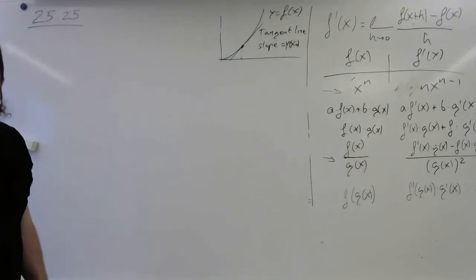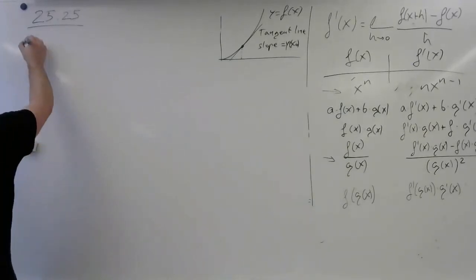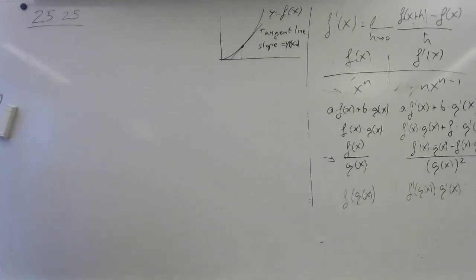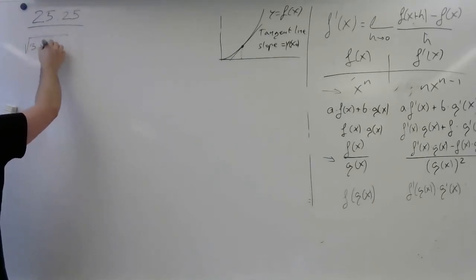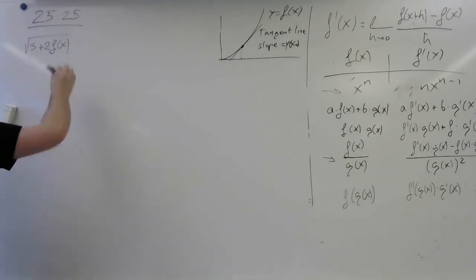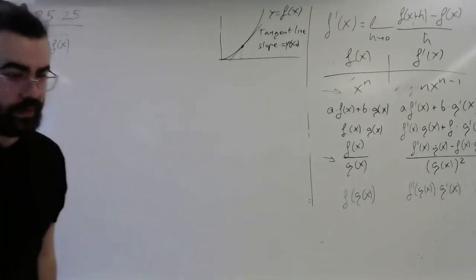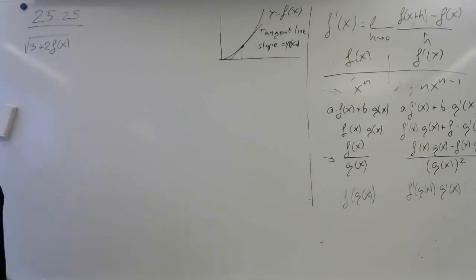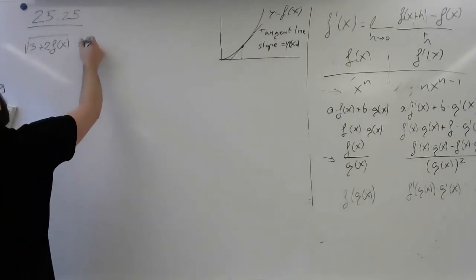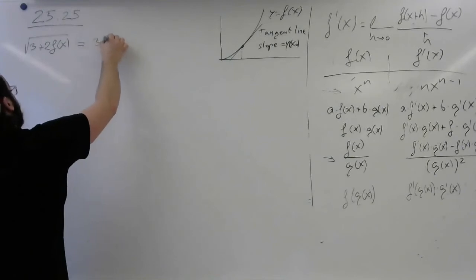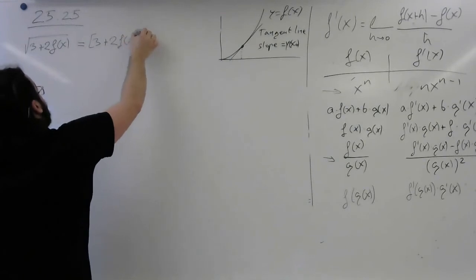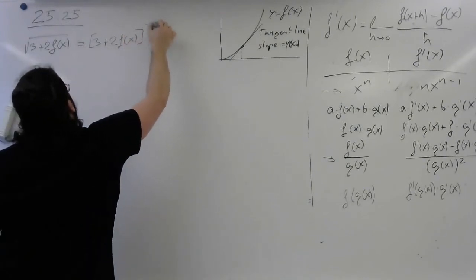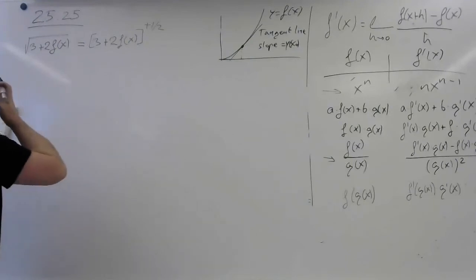Number 25 is the same exercise, but we have square root of 3 plus 2f of x. Okay. So, first of all, we notice that this is 3 plus 2f of x to the power 1/2.